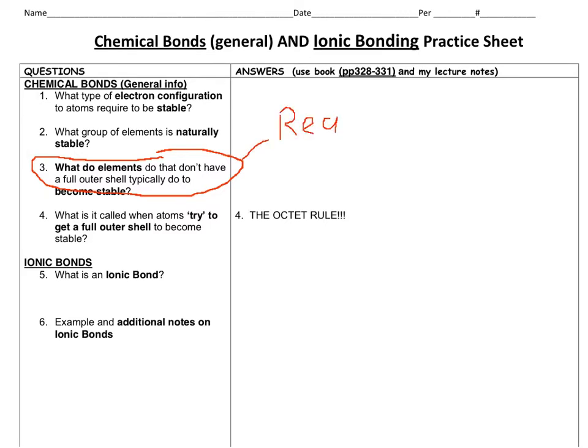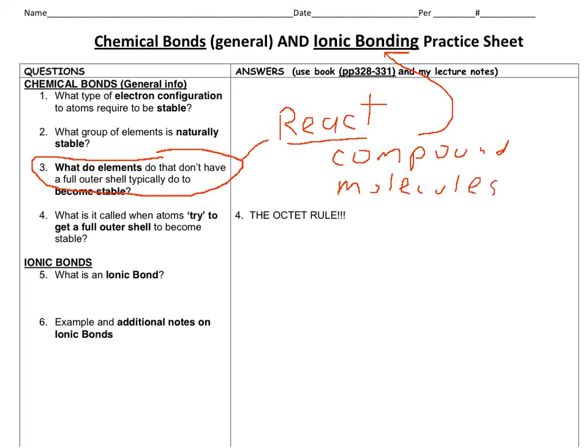So a chemical reaction will occur where they combine with each other to form either a compound, which is really what we're talking about today when we talk about ionic bonds, or they'll form molecules, which is just the other word we use when atoms join together to become stable, and the other kind of bonding that we'll talk about another day. So today we're going to talk about ionic bonding, and specifically when 2 or more atoms come together to form compounds.